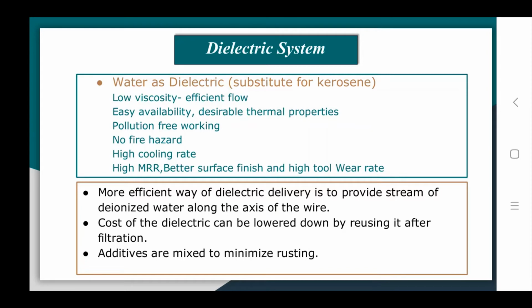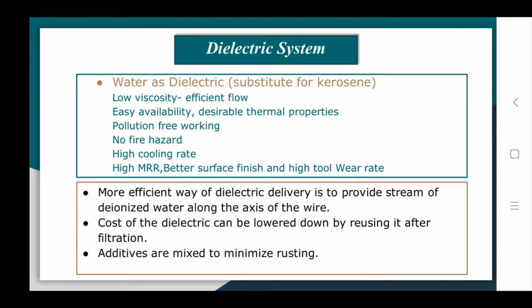It is easily available and has desirable thermal properties, because a huge amount of heat is generated, and if that heat is not removed from the inter-electrode gap immediately, the wire will also heat up, since heat is generated from both the wire and the workpiece. So if it is not removed very quickly, the wire will break after some time. That is why it should have very good thermal properties, so it will cool down very easily.